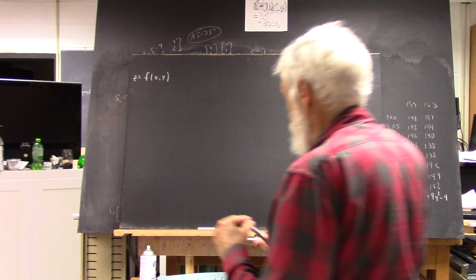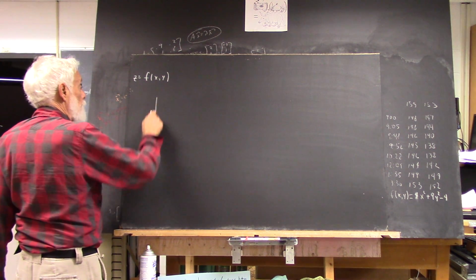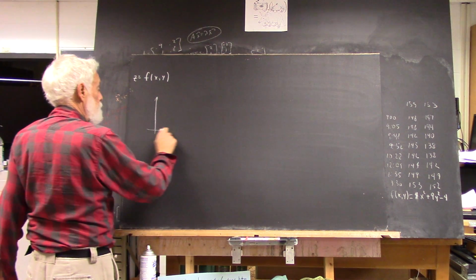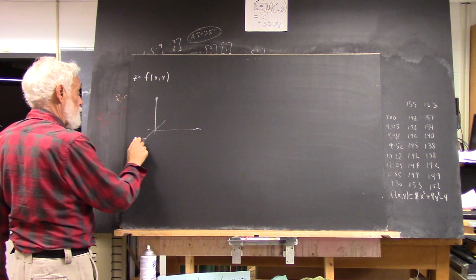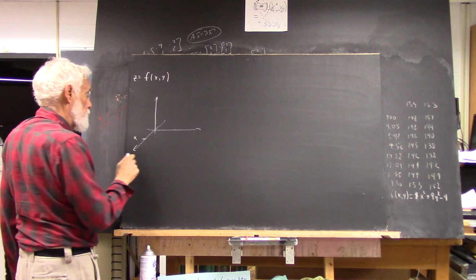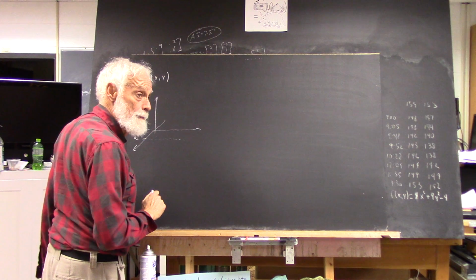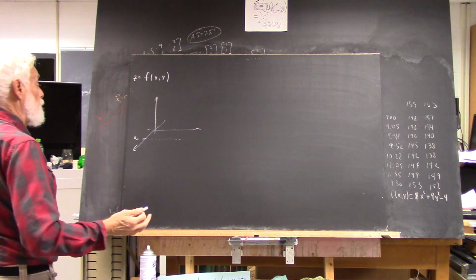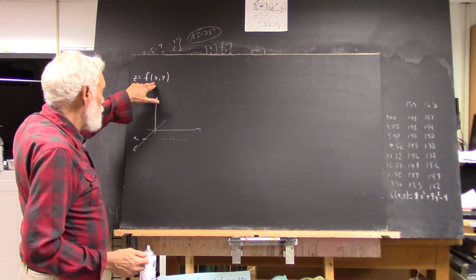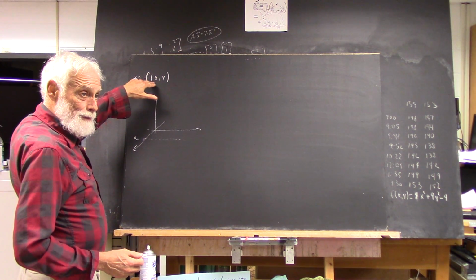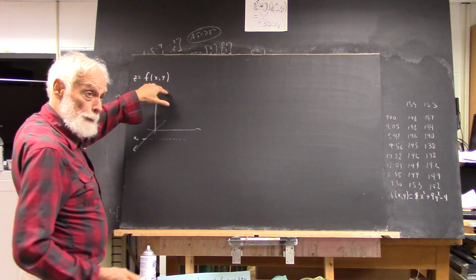Now, I can sketch that, and wish me luck. Okay, here we've got our x, y, z, and I confine myself to some value of x, say x naught. So here it is. And we've already seen level surfaces, so if I do z equals f of whatever this x is, I'm replacing this x with some value, and now I have just a function of y.